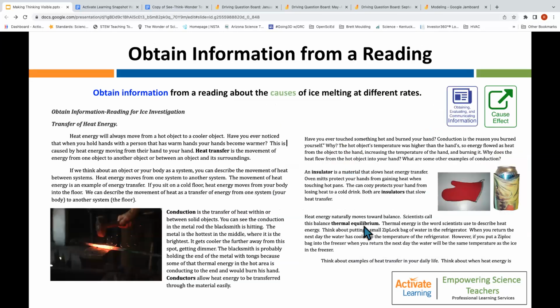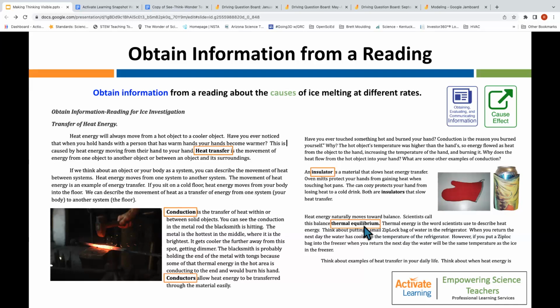Then what we would do, in my case, when I taught this with kids, I now am ready to give them the academic language through obtaining information in a reading about what's causing the ice to melt. And I see you do have some questions, and I'll get to those. Let me just get through this process first. And so this is a reading I borrowed from another open educational resource, and I did link it for you, but look at what the kids will learn now.